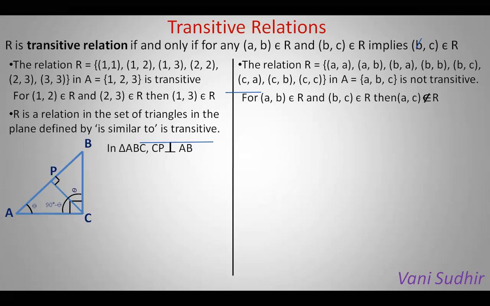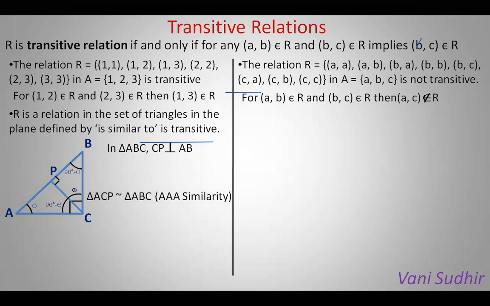Here angle C is 90. So one angle is 90 minus theta means the other angle is theta. Therefore, the other remaining angle will be 90 minus theta. Okay, if you draw a perpendicular from the vertex of a right angle triangle, the two triangles formed are similar to the whole triangle.